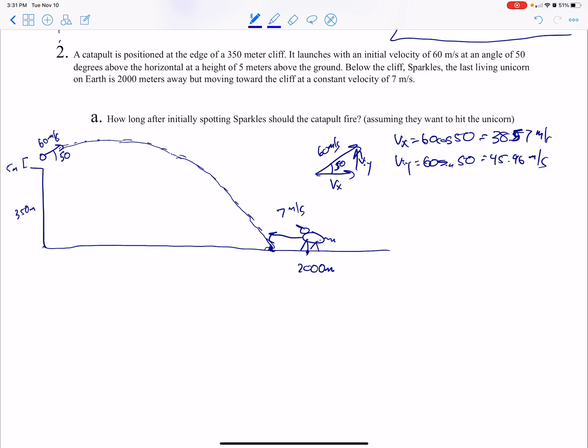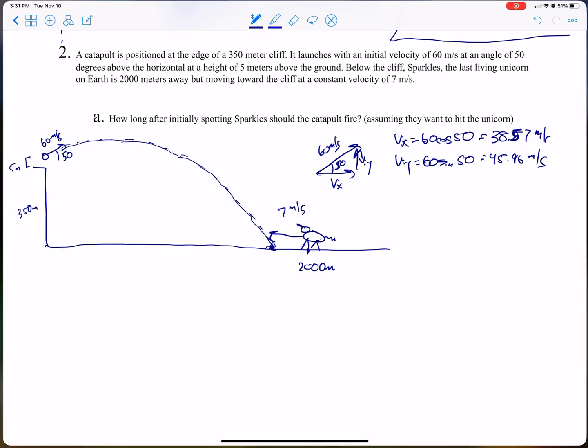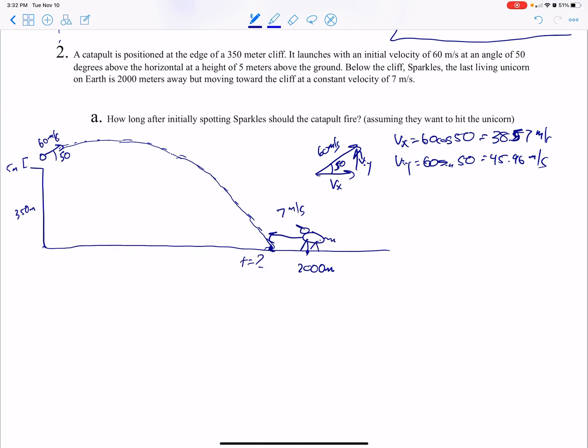Okay. So usually, again, the main idea is how long before this thing hits the ground, which is a y direction question. So d_fy equals d_iy plus v_iy t plus 1/2 g t squared. And the final position will be 0. The initial position is going to be 355. It's going to be the 5 and the 350 together.